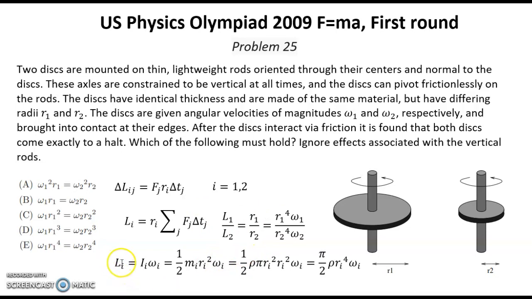After dividing L1 over L2, we have this relation, and it equals the initial relation r1 over r2. We can cancel r1 and r2 once, and finally we have r1 cubed multiplied by omega1 equals r2 cubed multiplied by omega2. This is the solution, and that's answer D, the correct answer.